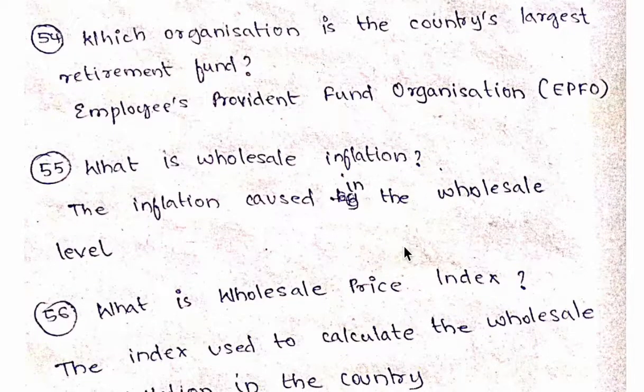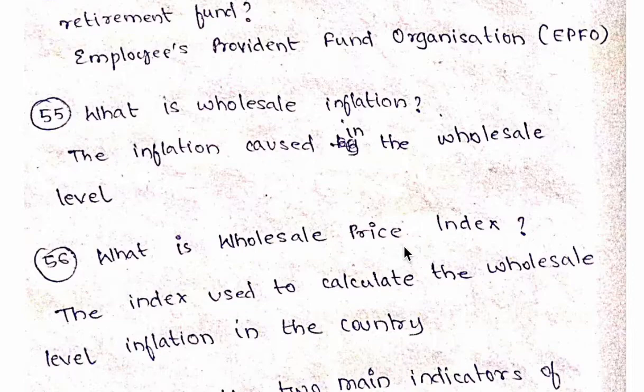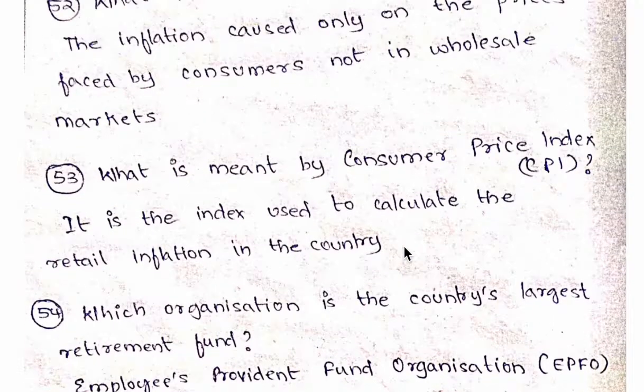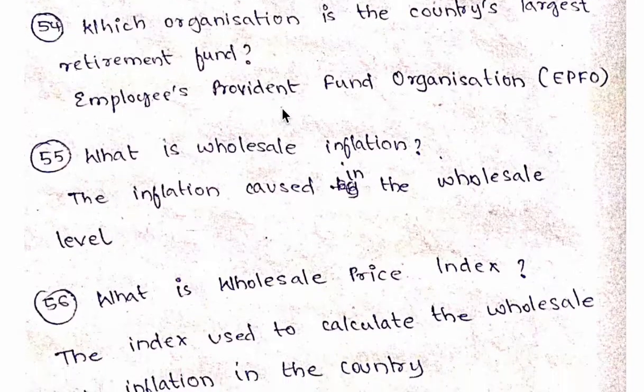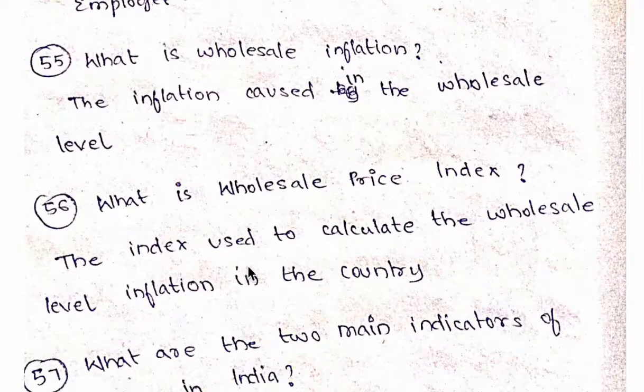55th question, what is wholesale inflation? So the inflation caused in the wholesale level is called wholesale inflation. So now here, what is retail inflation? At the retail level, so at the point of consumers. Okay, here at the point of wholesale price.